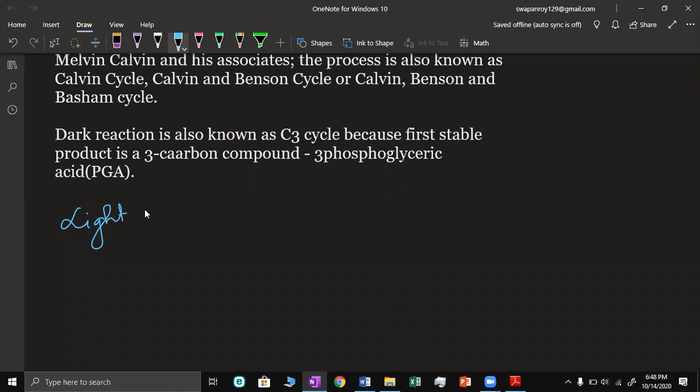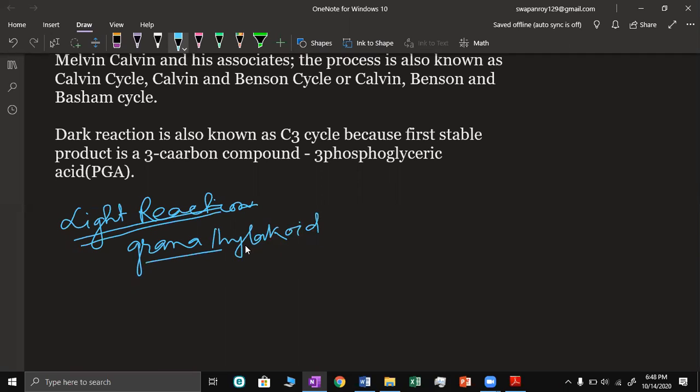We have completed the light reaction of photosynthesis, which takes place in the granothylakoid, that is, in the membrane system of the chloroplast.